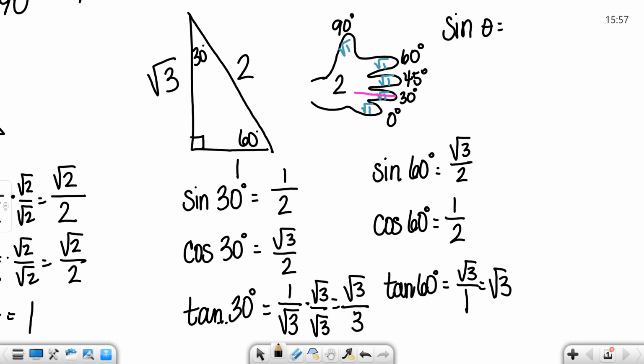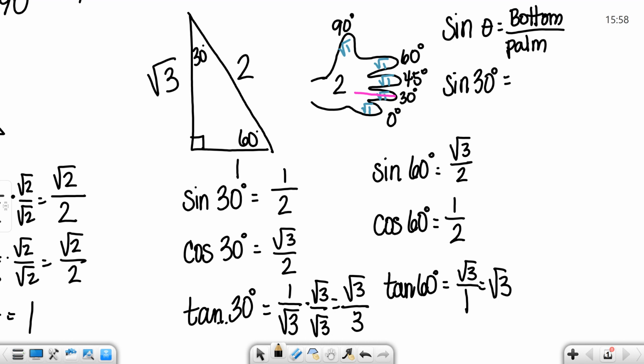Okay. So here's what I'm going to look at. For the sine of 30 degrees, I look at what's on the bottom of that pink line I have drawn, and then I look at what's in my palm. Hand trick. If we're doing the sine of 30 degrees, I drew that little pink line where my 30 degrees is.